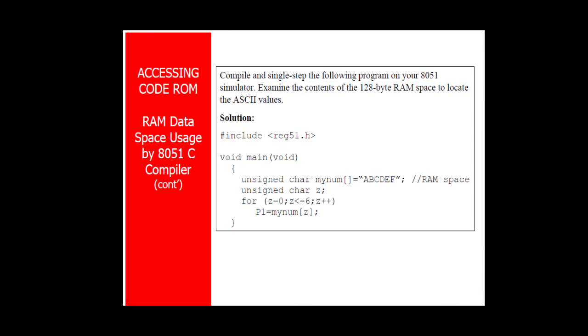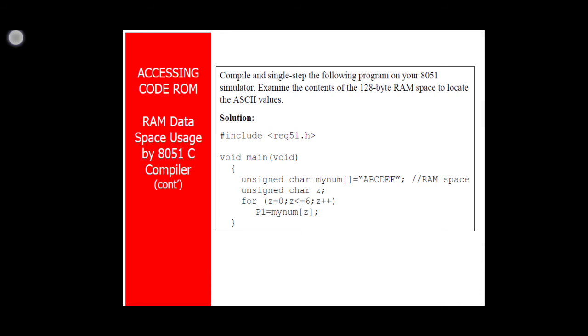RAM data space usage by the 8051C compiler. Let us look at the example. Compile and single step the following program on your 8051 simulator. Examine the contents of the 128 byte RAM space to locate the ASCII values.